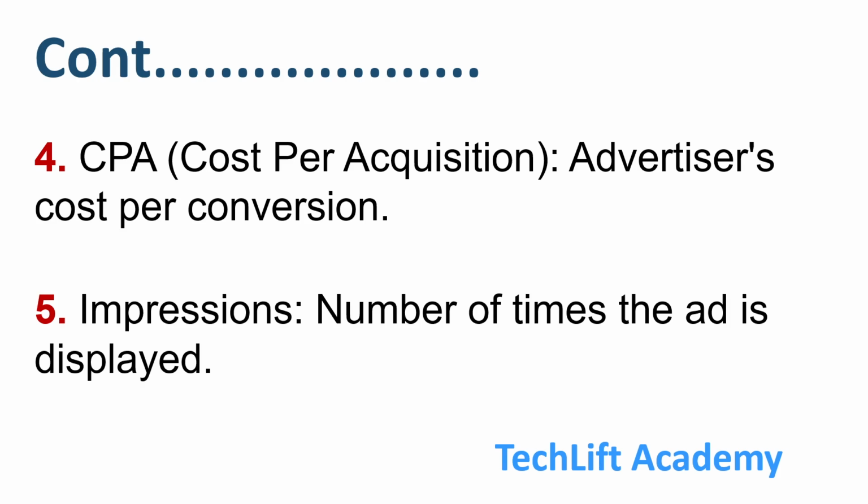Then we have impressions. This is simply the number of times your ad is shown to people. For example, on Google, maybe you could find that your ad is run 1,000 times a day. So that becomes the impression. How often is your ad displayed? How often do people see your ad?